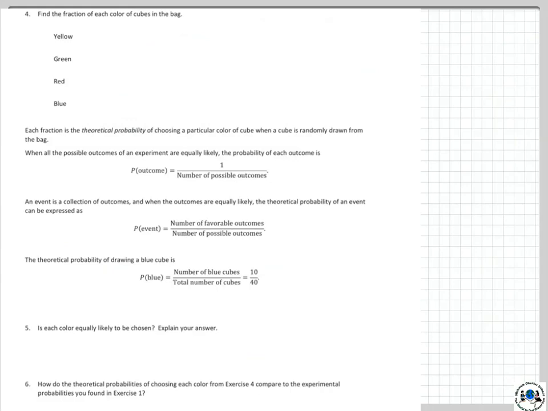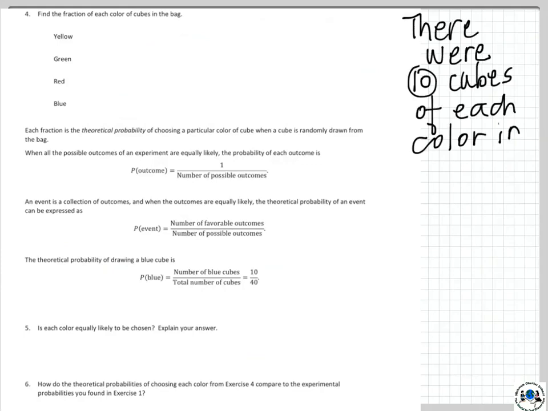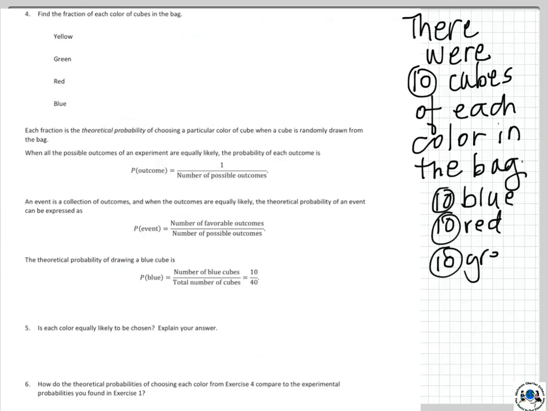So we are going to find the fraction of each color of the cubes in the bag. But first, let me give you a bit of information. There were indeed 10 cubes of each color in the bag: 10 blue, 10 red, 10 green, and 10 yellow. I wonder if that surprises you.